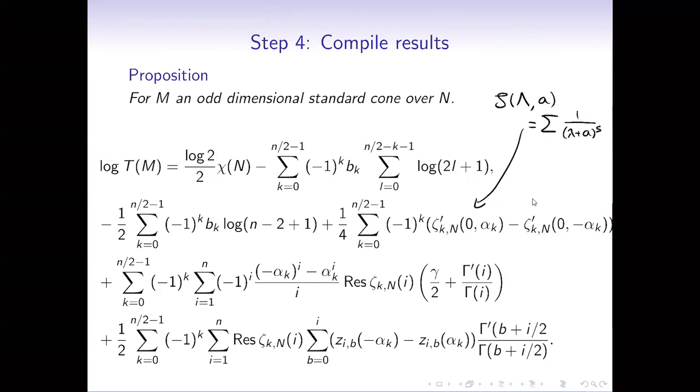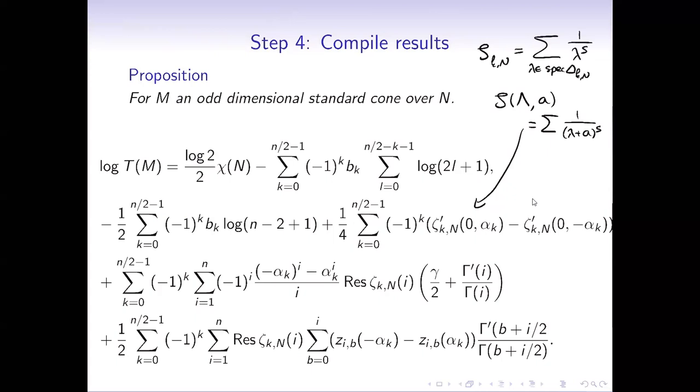And one warning, if you end up reading Vertman's article: instead of using the zeta function for N in terms of the spectrum of the Laplacian, he uses the square root of the spectrum of the Laplacian. I've adapted this formula so that zeta_k of N is the sum over lambda in the spectrum of Delta_k on N of 1 over lambda^s.